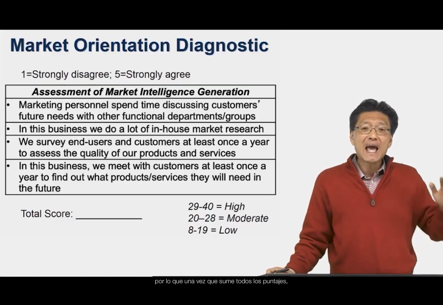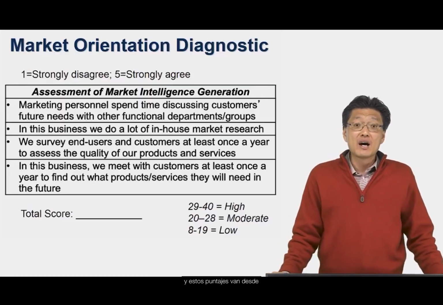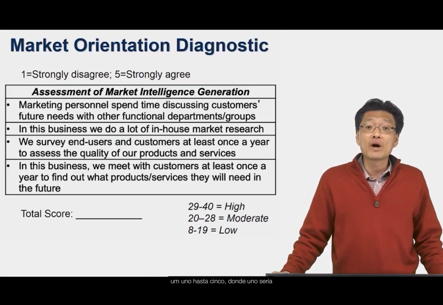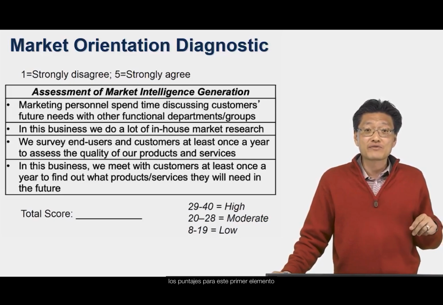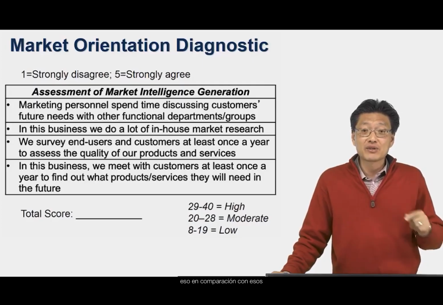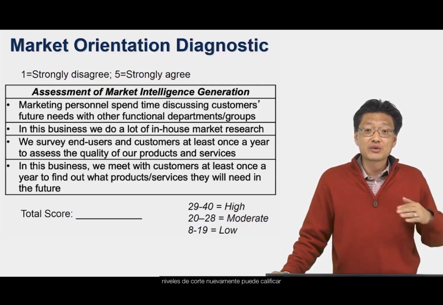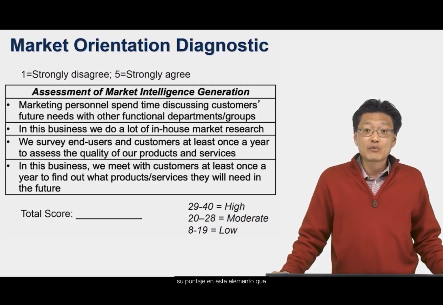Once you add up all the scores, and these scores range from 1 through 5, where 1 would be strongly disagree and 5 would be strongly agree, you can compare that against those cutoff levels and rate your score on this element from low to high.